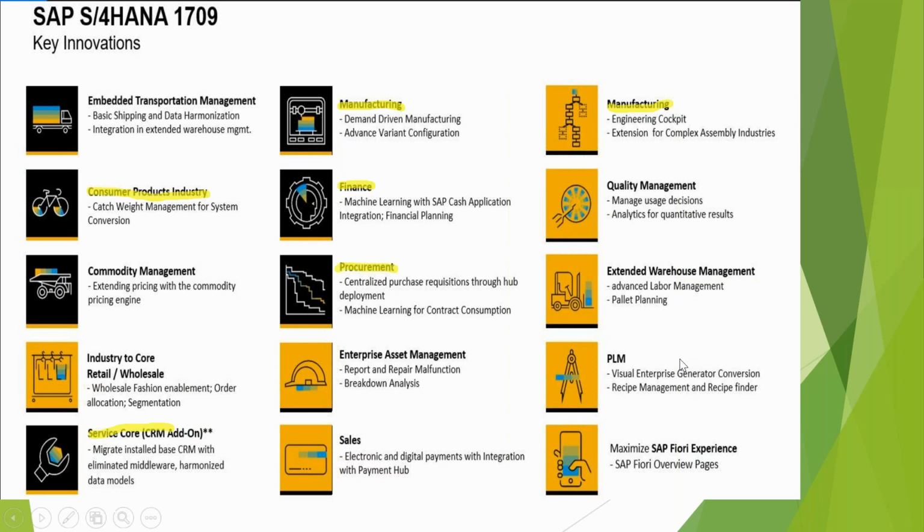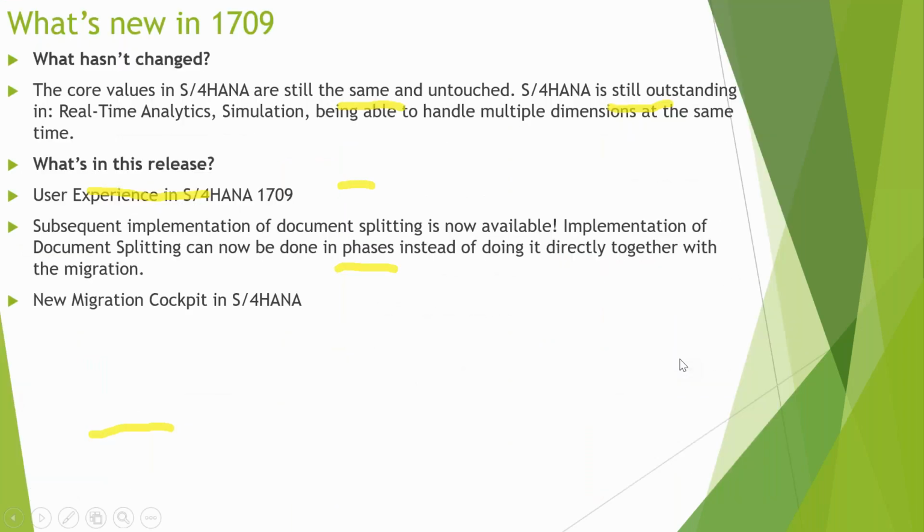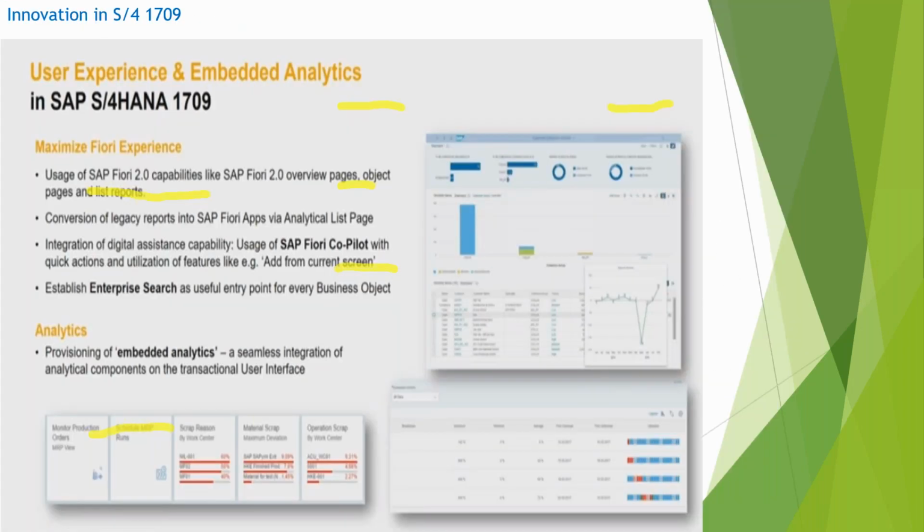If I go further, when I talk about the architecture or Fiori, one more thing you have to understand from the 1709 version is that previously we had HANA version 1.0, which has now been upgraded to HANA 2.0, which has more capabilities compared with the older HANA platform.